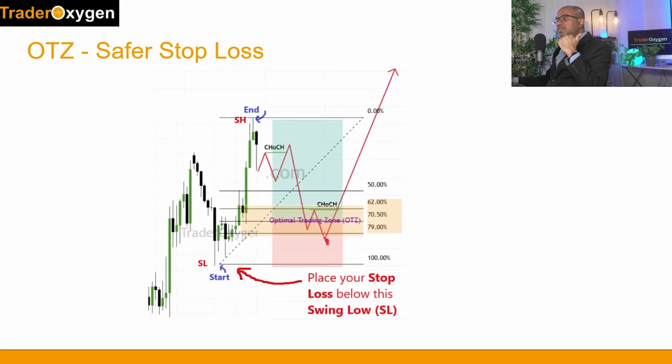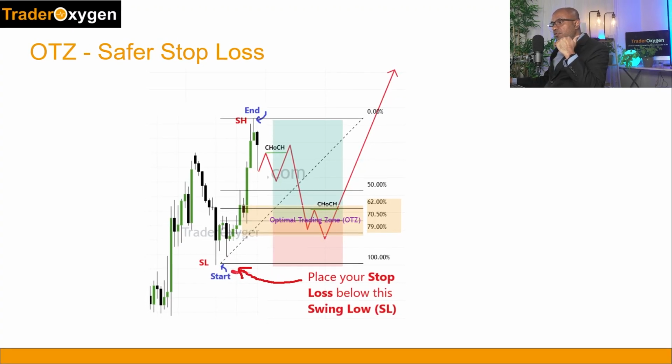Because if the price comes down and goes further below this swing low, that means buyers are not in control and sellers are in control. So when you place the stop loss below this swing low, it's considered a safer stop loss. And if the price goes below this, you will be stopped out.